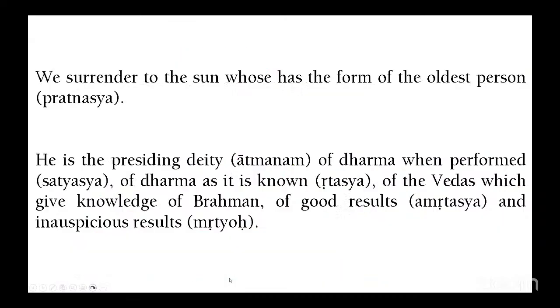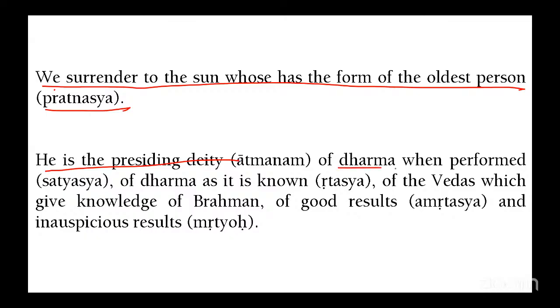Okay, let's see if there is an explanation here. He says, we surrender to the sun who has the form of the oldest person. He is the presiding deity of dharma when performed, of dharma as it is known, of the Vedas which give knowledge of Brahman, of good results and of inauspicious results.